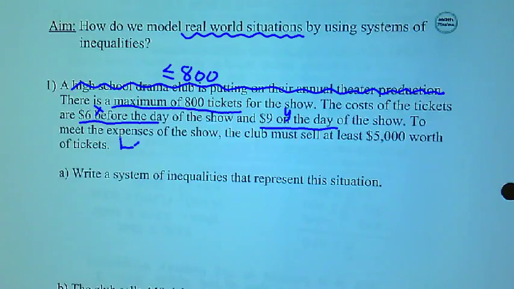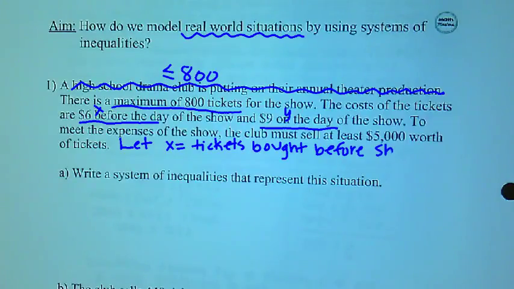Okay, so we're going to say let X equal tickets bought before show, and then Y is going to be tickets bought day of.